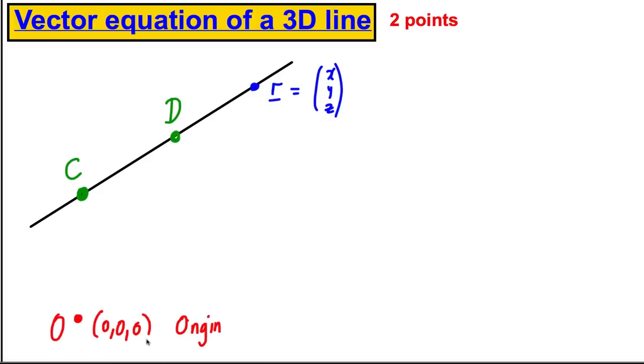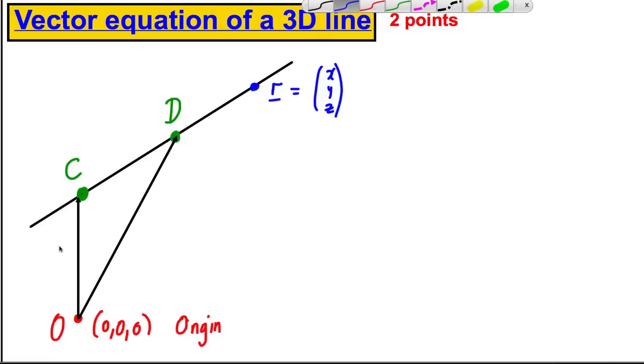How could I find the vector equation of this line? Say I knew the point C, so I could find the position vector O to C and the position vector O to D, which I might call little c here and little d here. Now, how could I describe this line? Well, previously I needed a point on the line plus the direction of the line.